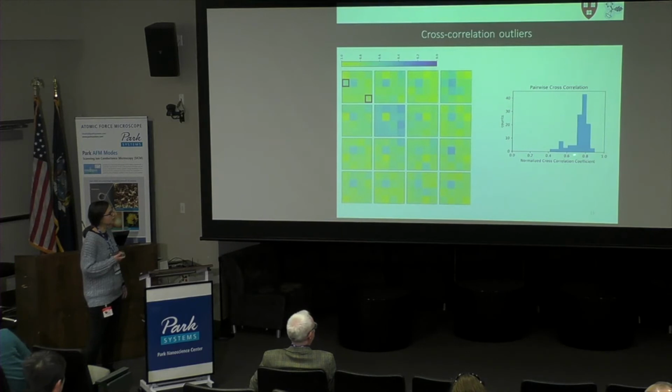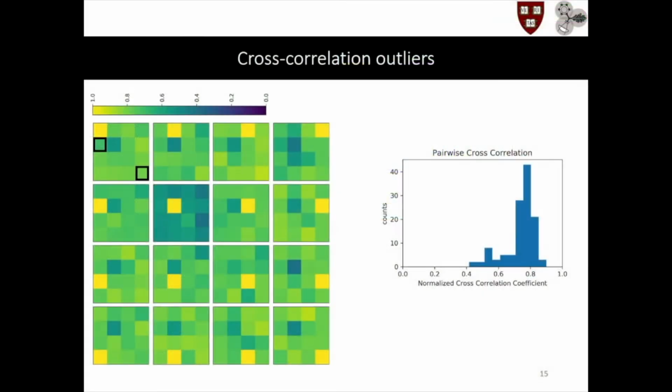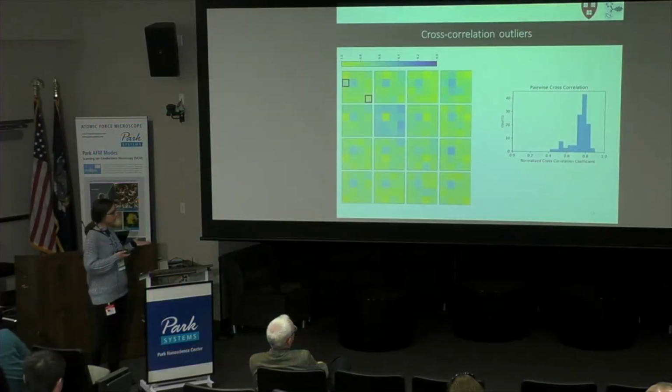And if we plot all the pairwise cross correlations, we find that we're hitting towards 0.8 correlation, where 1 would be the perfect match. So it looks like for this sample, we have preferred orientations that are pretty much homogeneous, at least over this area.